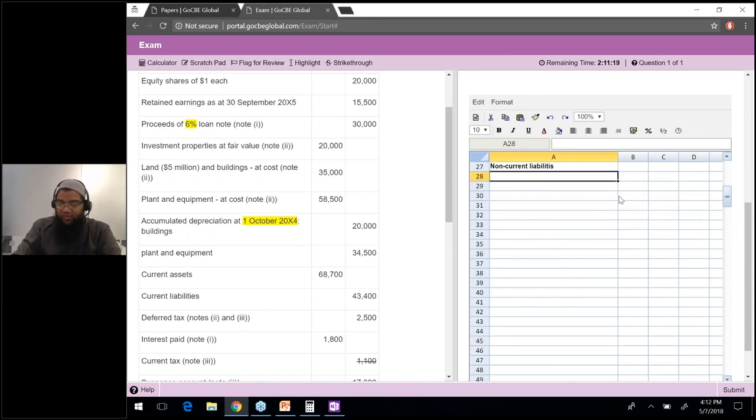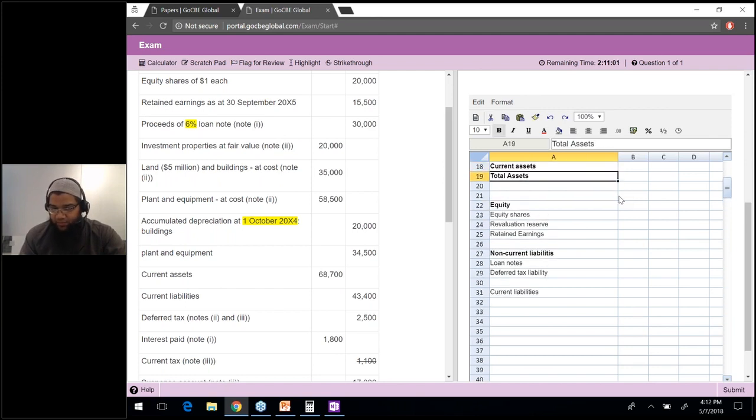In non-current liabilities, we have loan notes and we have deferred tax liability. Then we have some current liabilities. Now, this is basically the format. And at the end, we have total equity and liabilities that should match with the total assets.